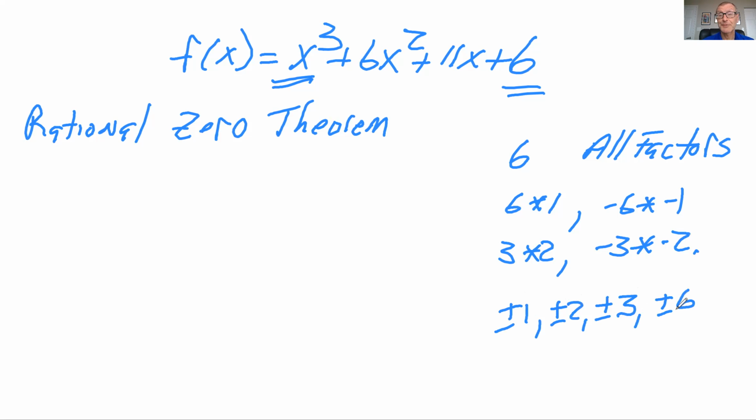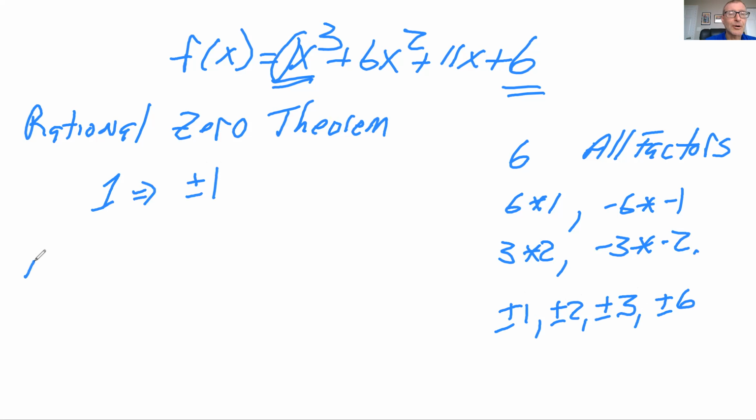And what's also nice about this is, what is our leading coefficient? Well, that's 1. Well, 1's a great number, right? Because it would just be plus or minus 1. 1 times 1 is 1, and minus 1 times minus 1 is 1.